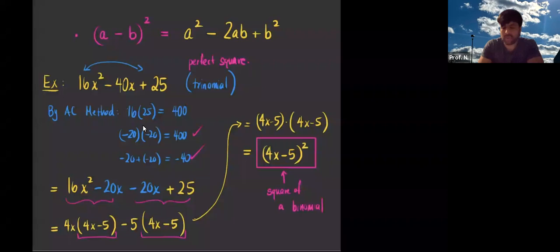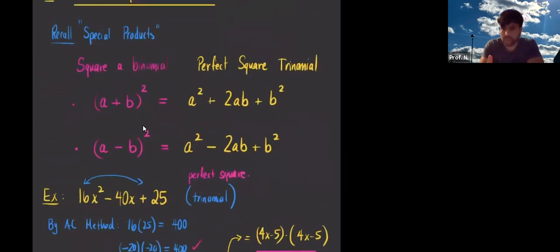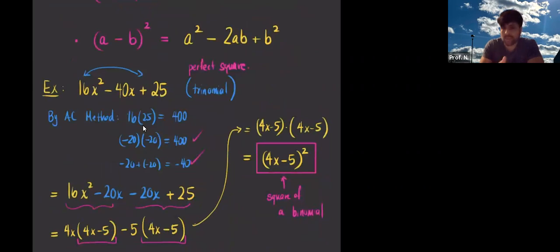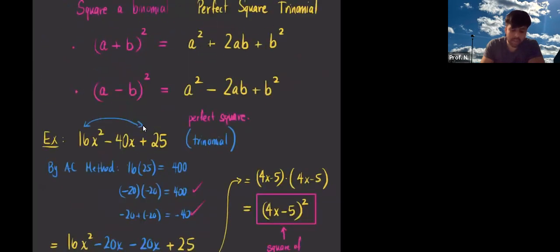And finding factors for that number that add to the middle coefficient could become much more taxing. However, if you recognize this is a perfect square trinomial and you know the perfect square trinomial form, then it becomes almost a cinch to factor. So I'm going to look at this now from the perspective of recognizing that it is indeed a perfect square trinomial.